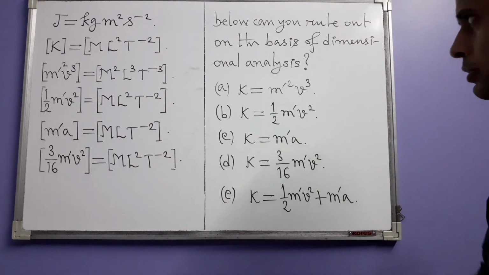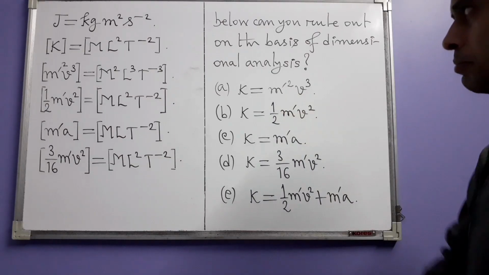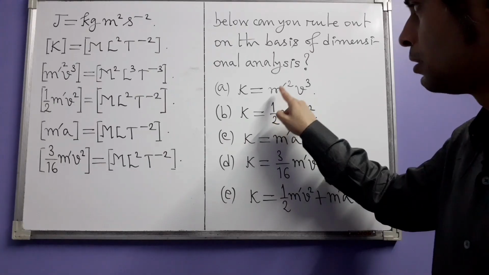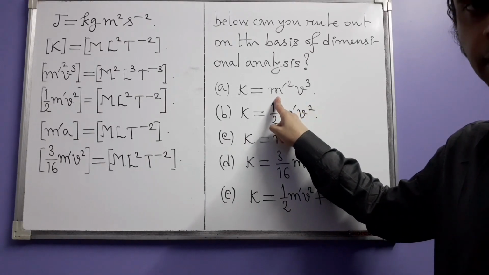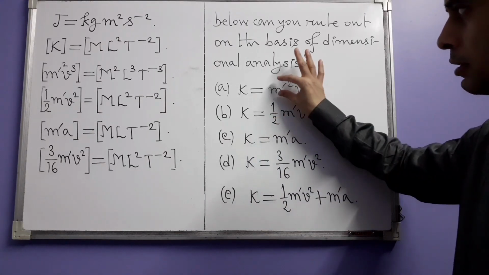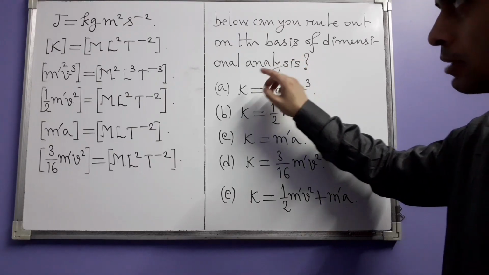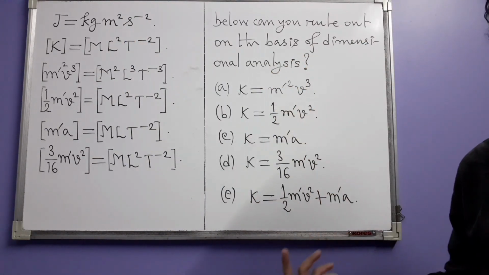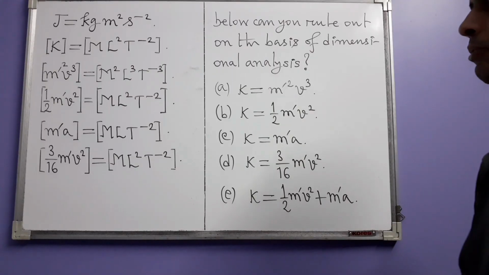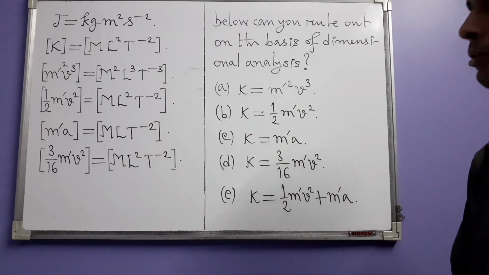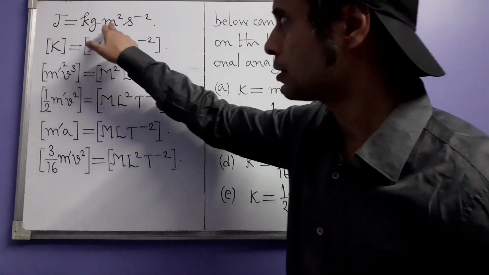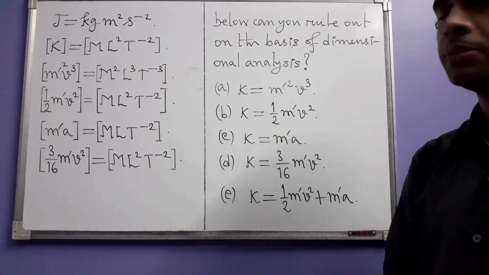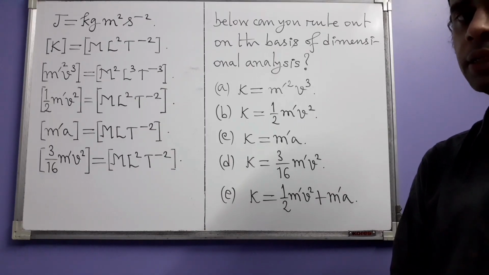And you may notice one more thing, I have written M prime. I have done this to avoid the confusion between mass and meter. This M prime actually is mass. If I write M, then that would be mass here, but at the same time we have meter here. If you want, you can write M here also, if that does not cause any confusion. So this is the SI unit of energy, kilogram times meter square divided by second square.